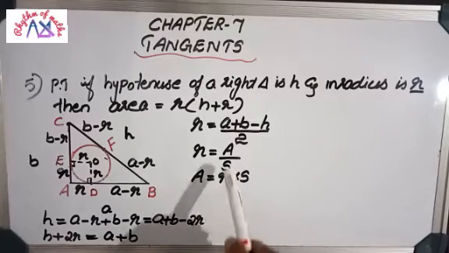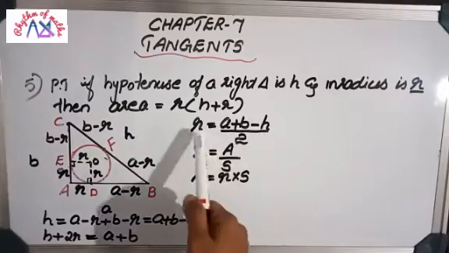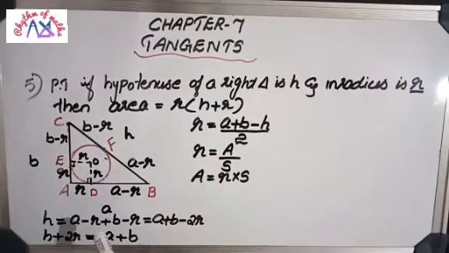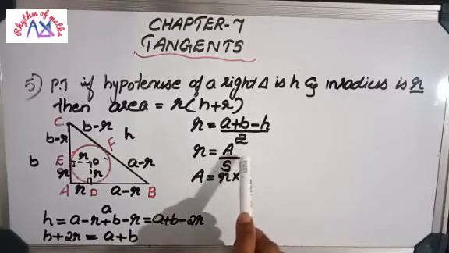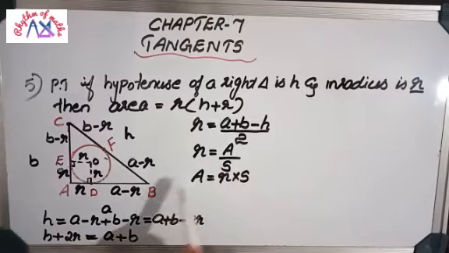In order to get this area we are considering the general equation. From this we won't get the equation, that's why we directly consider the inradius equation of a right triangle. So according to the general equation of inradius, radius equals area by semi perimeter.